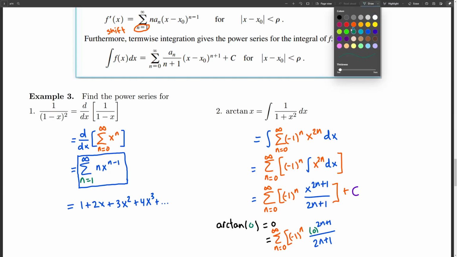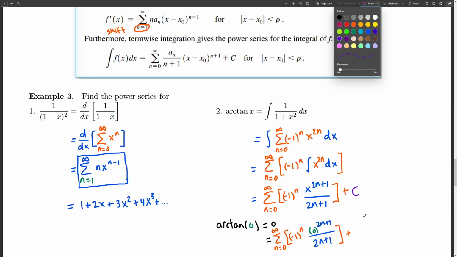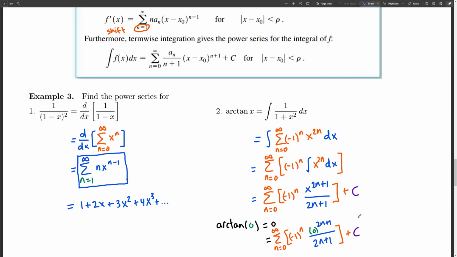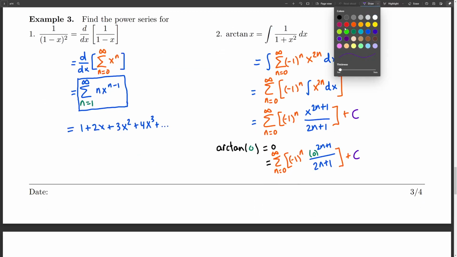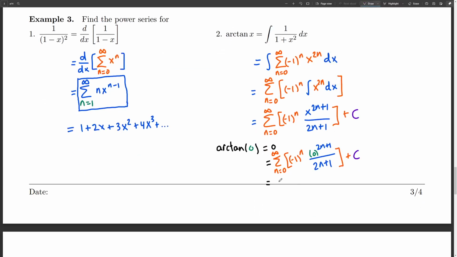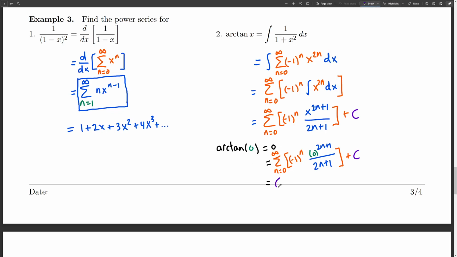And so, as I said before, that whole summation is just 0. And then we add c. And so arctan of 0 is c, but that should be 0. So we see that our conclusion is that c equals 0.